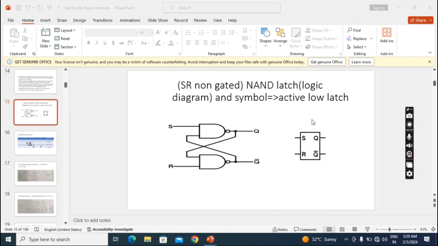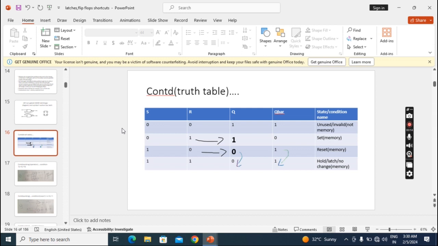In this lecture we will discuss active low latch and active high latch. The non-gated NAND latch is called active low latch because if we observe the truth table of this latch, it is invalid or unused when the inputs S and R are equal to 0, 0. It means when S and R are low, this is an invalid condition. To make it valid, we have to change any one input.